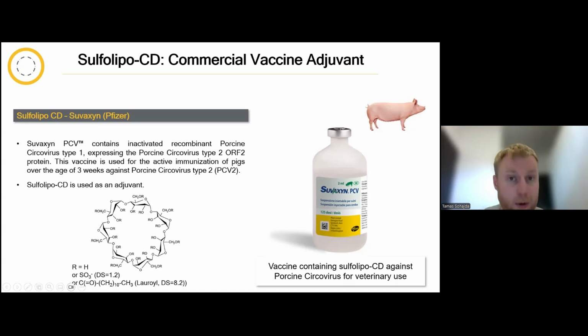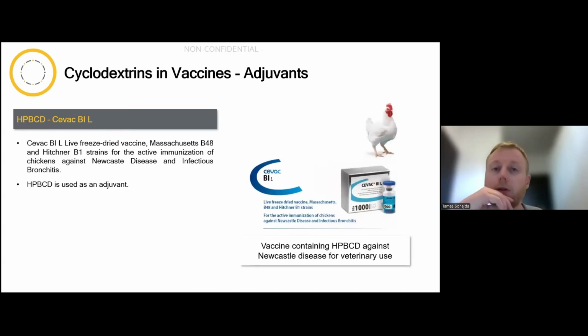So, not surprisingly, the second product that was on the market was also using cyclodextrins as adjuvants. What was surprising is that this was not anymore the sulfolipocyclodextrin that was used, but it was our old friend, common hydroxypropyl beta cyclodextrin. So this compound keeps surprising me all the time because, okay, first it was used as an excipient for oral formulations, then for parenteral formulations, and then it got used as a vaccine adjuvant.